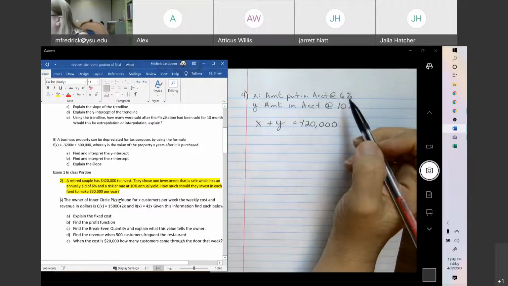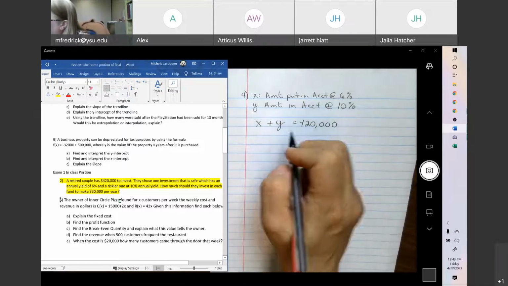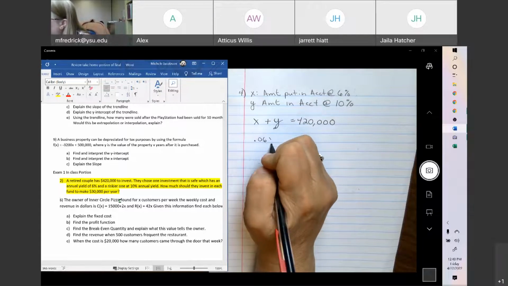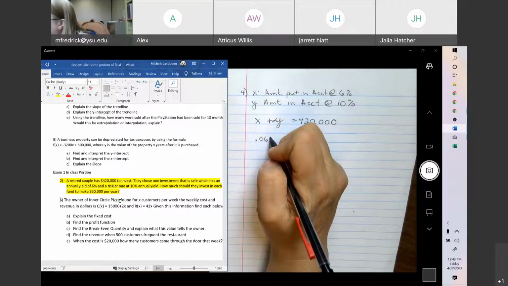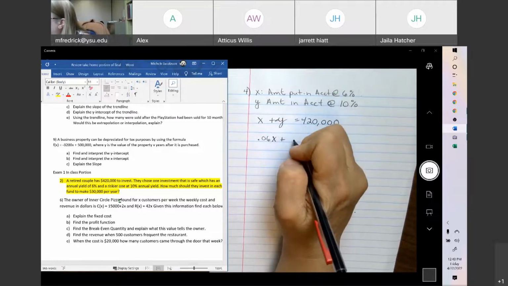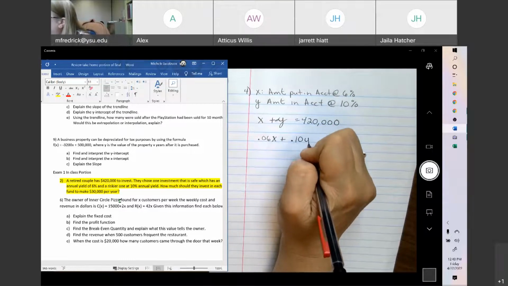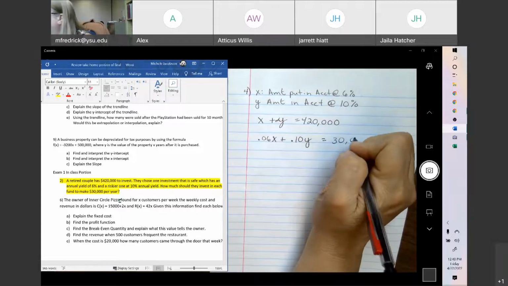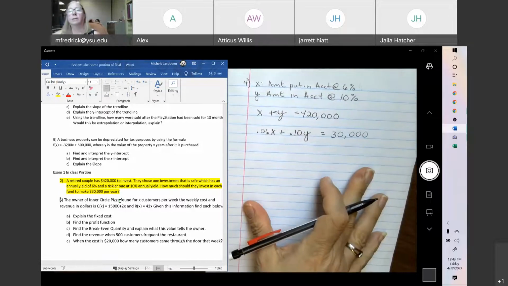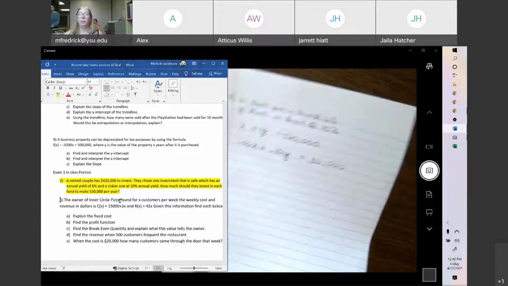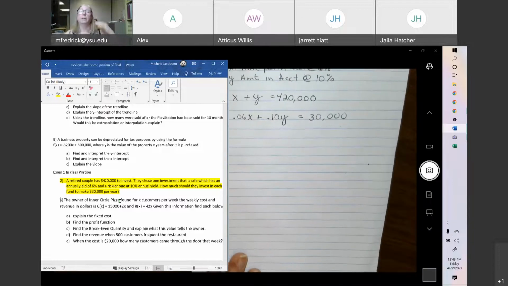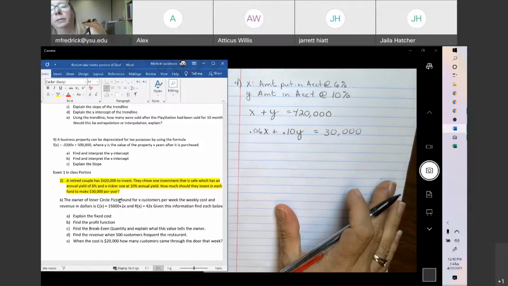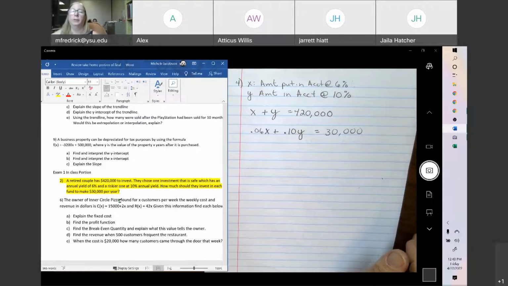So if this is what they're making each year, 6% of X and 10% of Y needs to equal the 30,000. So then we have two equations and two variables. Any questions on that part?